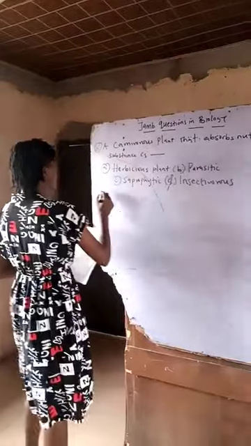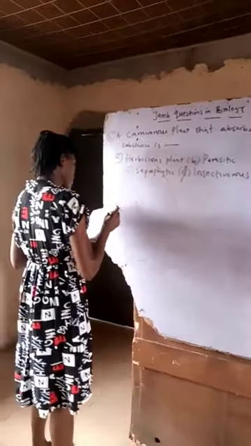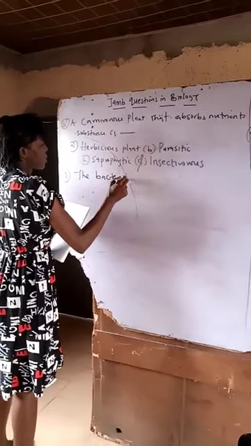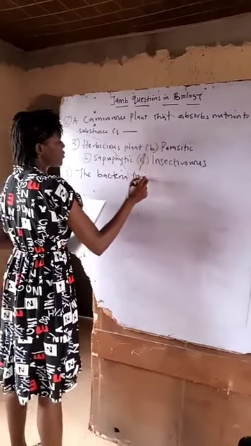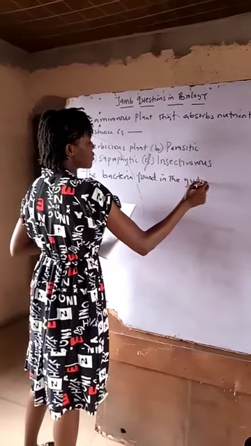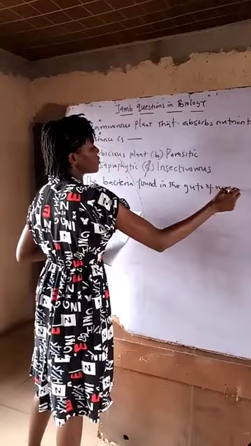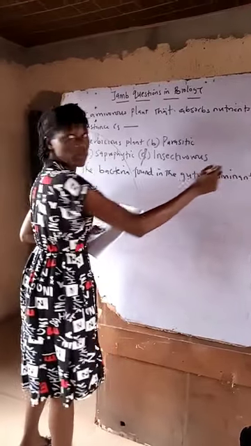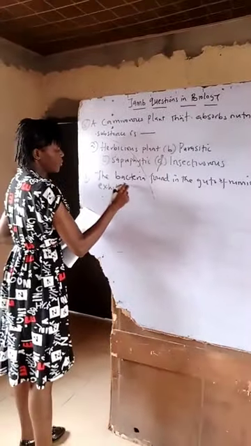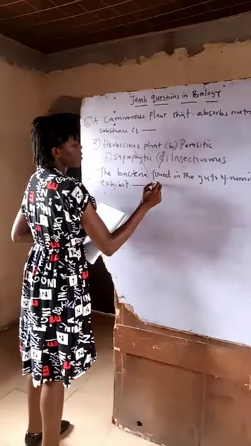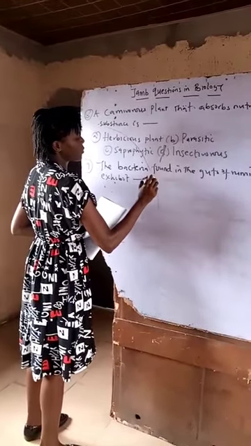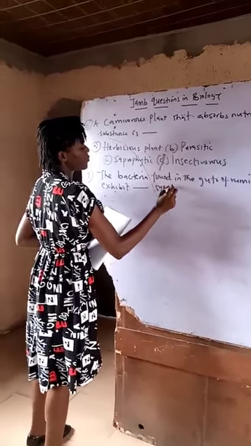Okay, so that's it. Now the next question: the bacteria found in the guts of ruminants exhibit dash feeding mode, some type of relationship.